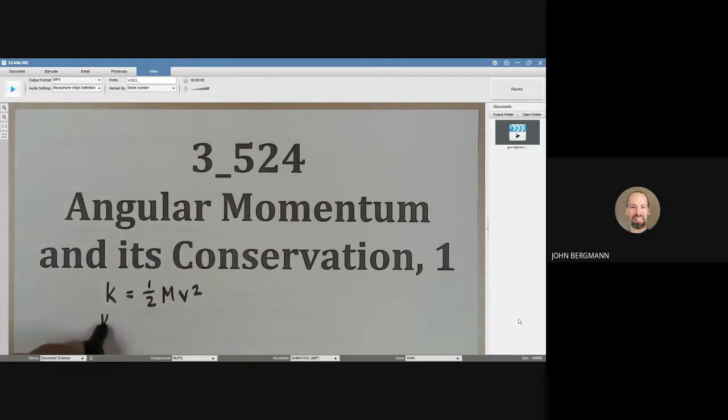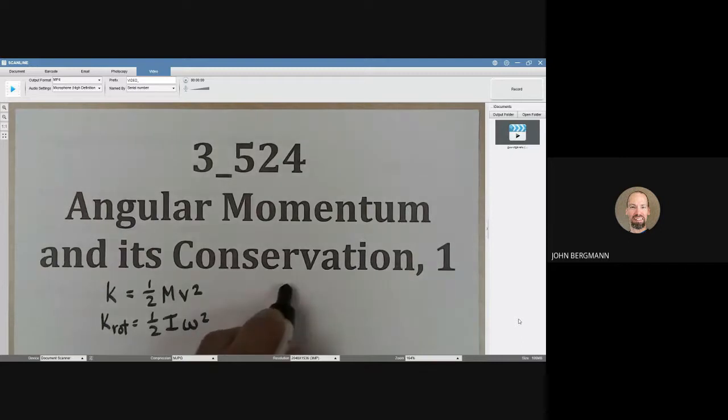Rotational kinetic energy, 1/2 I omega squared. We took the angular analog of mass, which is moment of inertia, the angular analog of v, which is omega, and we get that same looking equation.